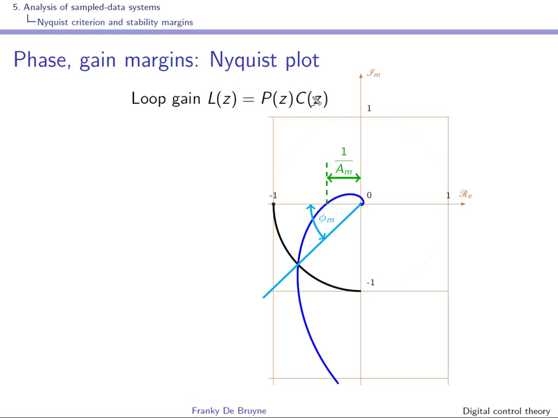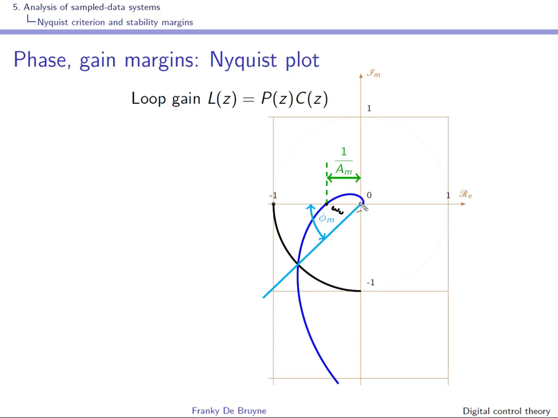This is really the phase margin that is read here in the Nyquist plot. To find the gain margin, you need to find the ultimate frequency or the phase crossover frequency, and at this point you can see that the Nyquist curve has a phase shift of minus 180 degrees, so this point corresponds to the frequency omega u, and at that frequency you can read the gain, which is the distance from this point to the origin.